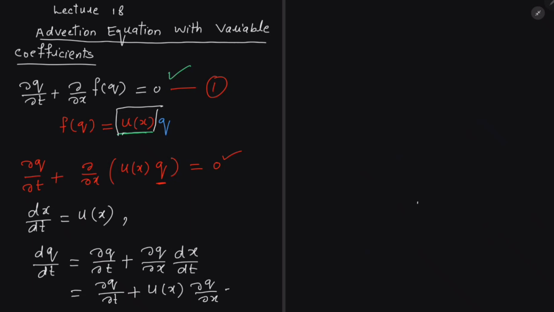This is not equal to 0. Let me just prove how this is not equal to 0. For example, we have partial by partial x of q u. This becomes partial q by partial x times u as it is, plus partial u by partial x times q.